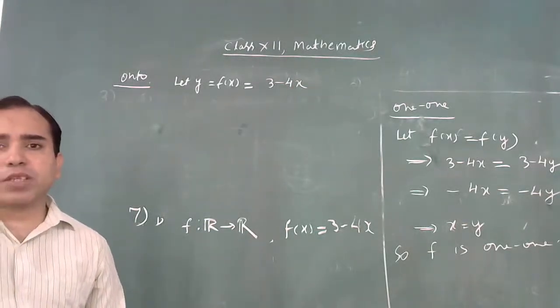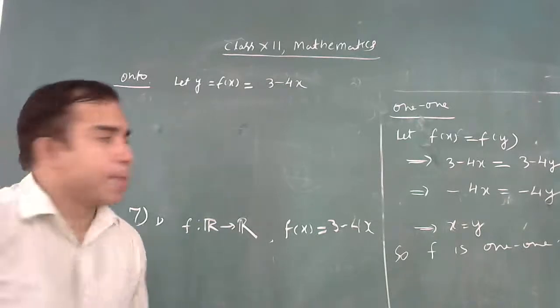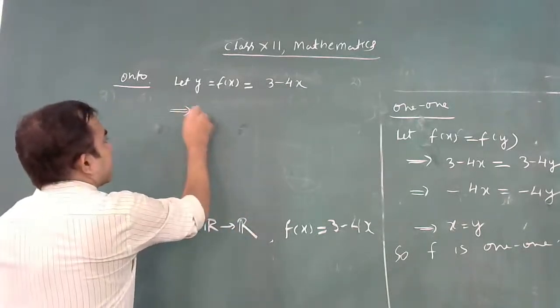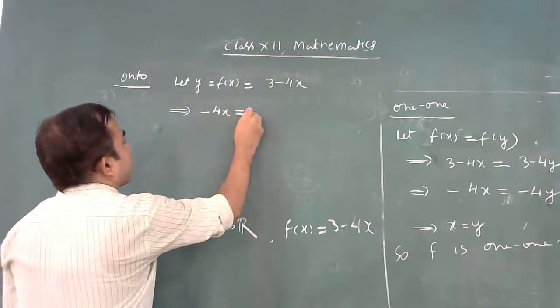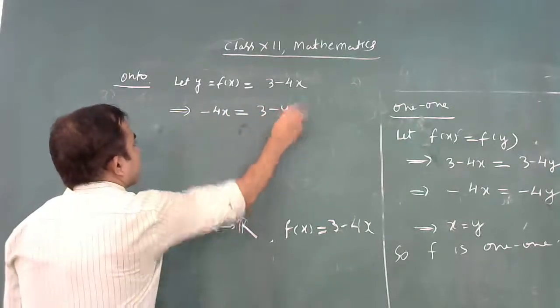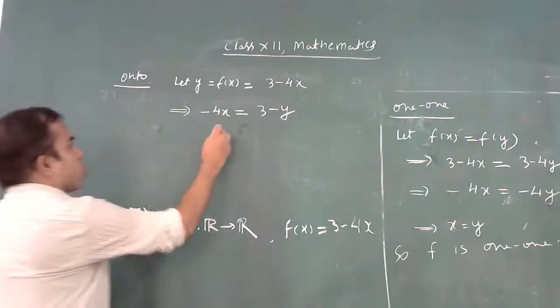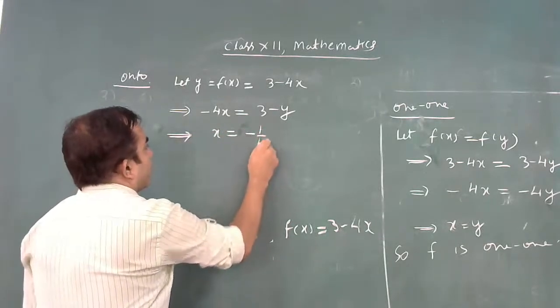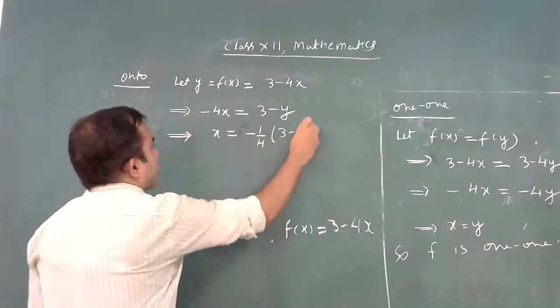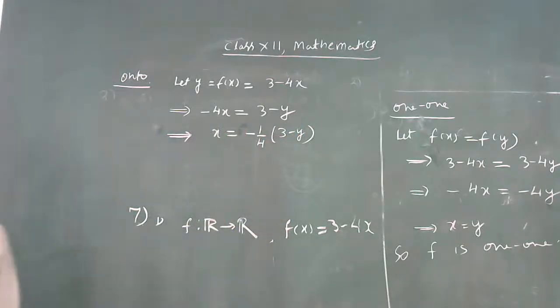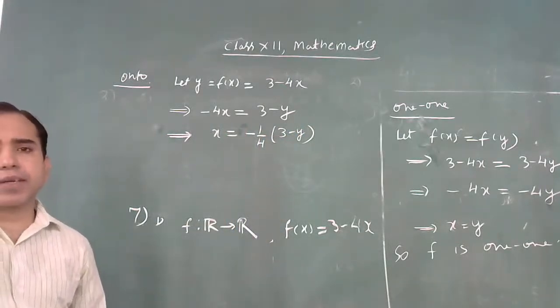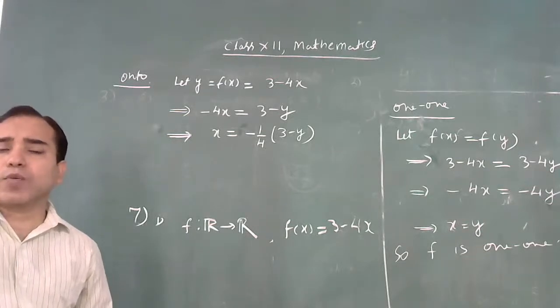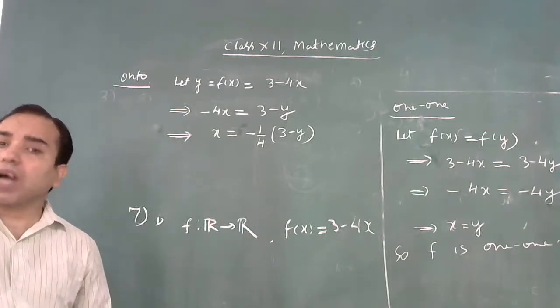Next method was that express x in terms of y. Means minus 4x is equal to 3 minus y. Right, so x is equal to 1 upon minus 4, 3 minus y.